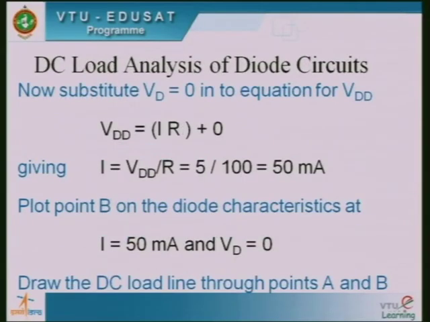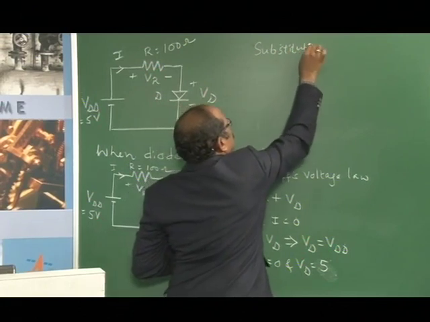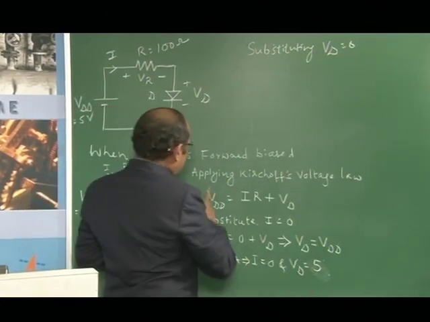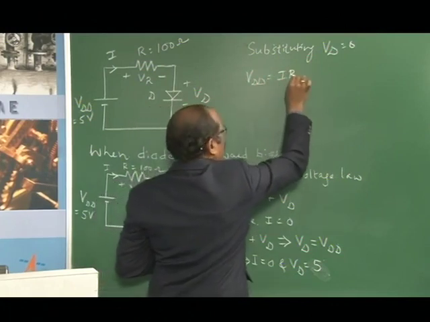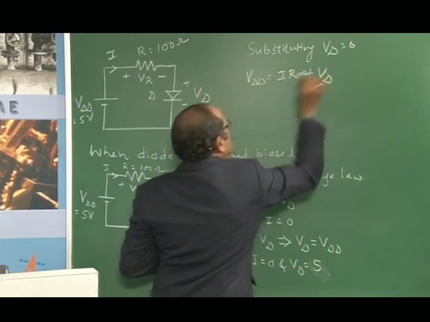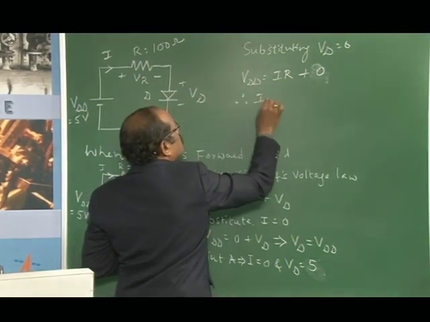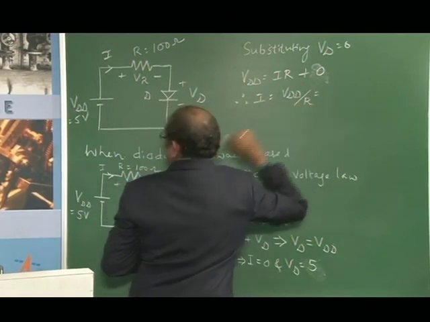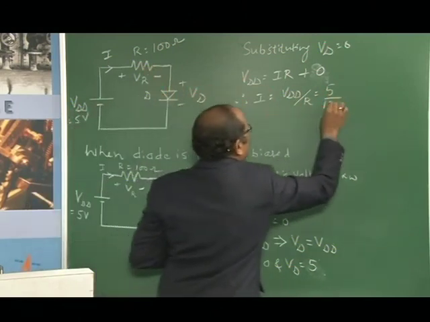The other point we get is if we substitute VD equal to 0. In this equation, VDD will be equal to I into R, since VD is 0. Therefore I will be equal to VDD by R, where VDD is 5 volts and the resistance is 100 ohm.